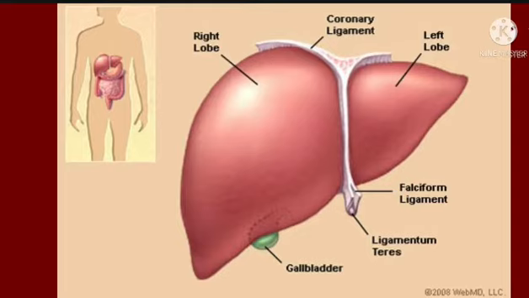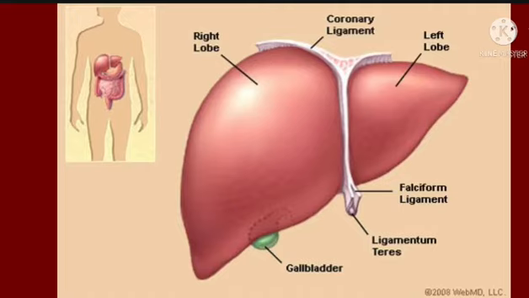The bile duct passes downwards and joins with the main pancreatic duct to form a common duct called the hepatopancreatic duct. The opening of the hepatopancreatic duct into the duodenum is guarded by a sphincter called the sphincter of Oddi.